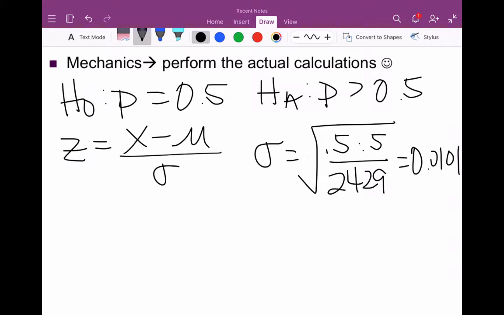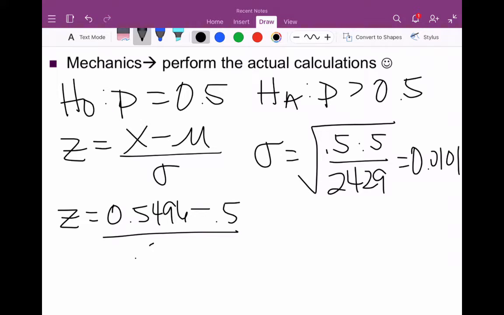Then we calculate our z-score. So z equals 0.5496 minus 0.5 all divided by 0.0101, and this gives me a z-score of 4.89. Having a z-score of anything above 3 or below -3 should send a red flag that your probability is going to be basically 0.